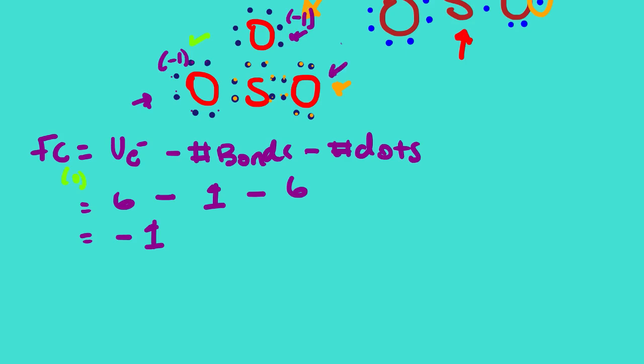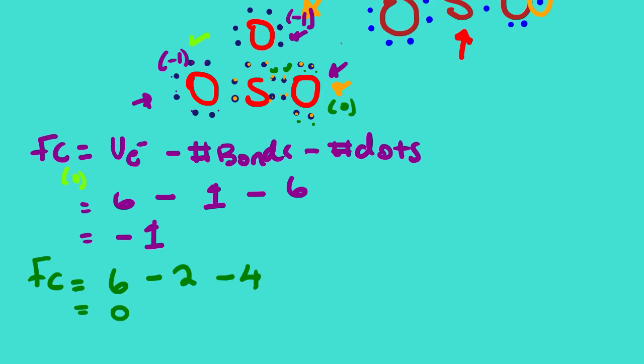Let us calculate the formal charge of this oxygen. The valence electrons is 6 because we are still dealing with oxygen, minus the number of bonds. We have 2 bonds, minus the number of dots, we have 4 of them. So 6 minus 2 minus 4 is actually 0. So for this oxygen we have 0 as the formal charge.